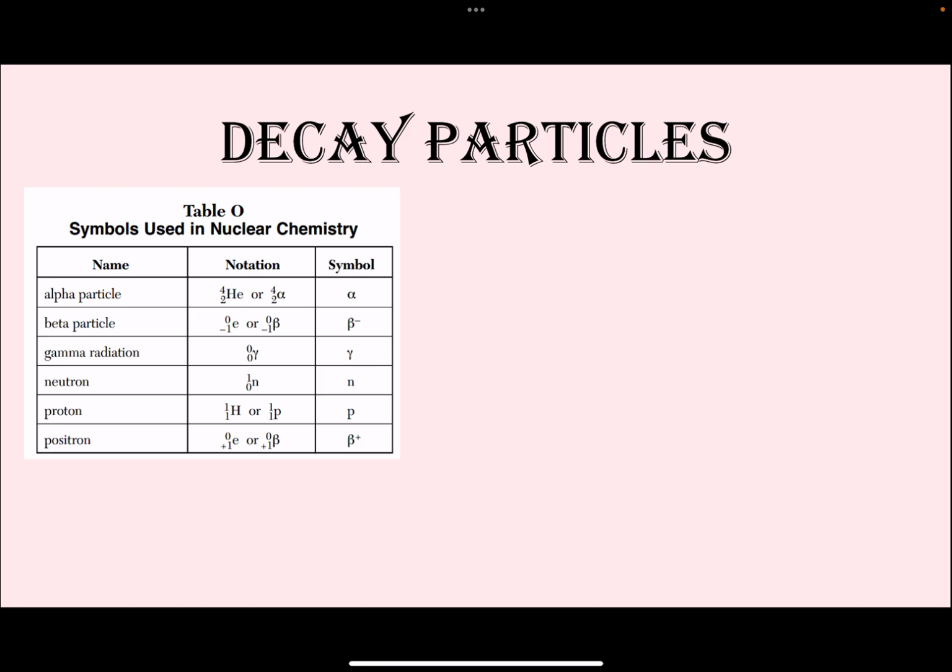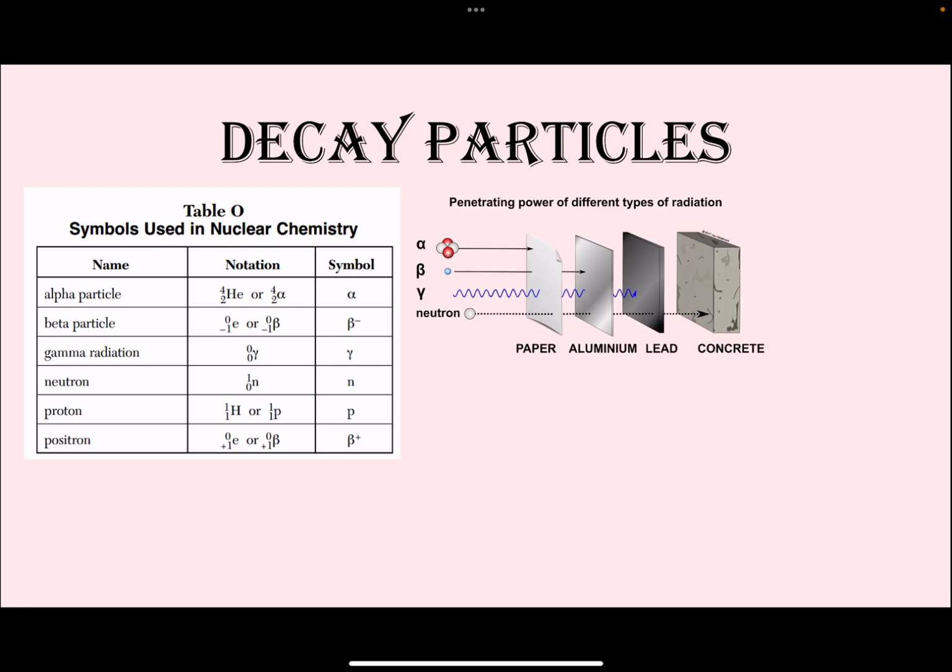So let's talk a little bit more about the decay particles. Referring back to Table O, we are going to focus on alpha, beta, and gamma. Here you can see a comparison of the penetrating power of alpha, beta, and gamma particles, and the neutron as well. As you can see over here, neutron seems to go through most of the things.